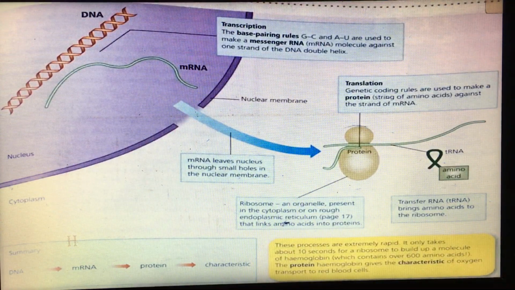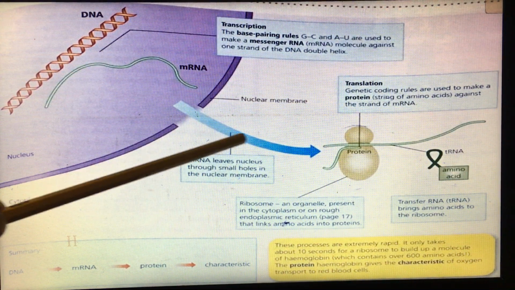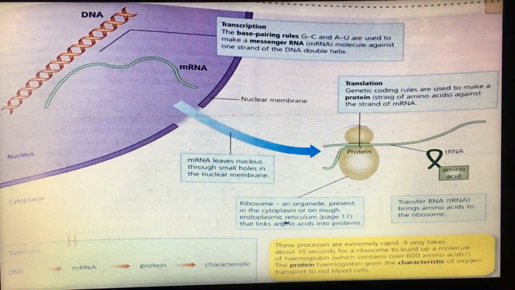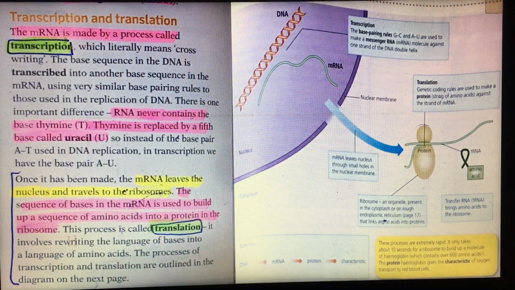Okay, this is the process. Again, mRNA moves with tRNA to the ribosome. They will produce protein.